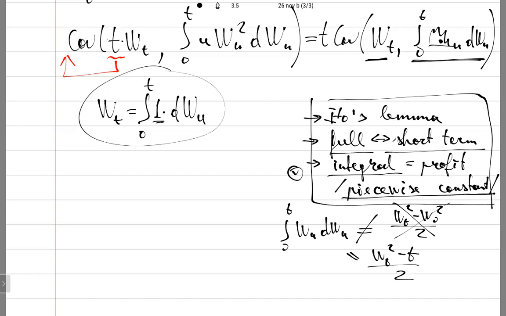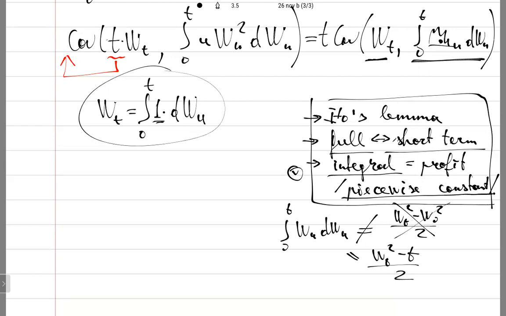You don't sell it, you don't buy it. In the beginning, my wealth was W0. At the end, my wealth was WT. So the change in my wealth is WT minus W0, which is WT minus 0, so it will be WT. Okay. Thank you.